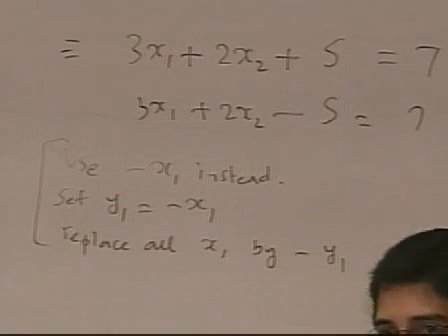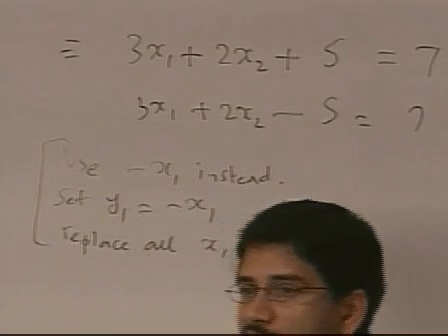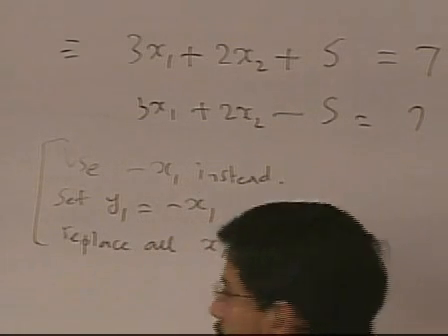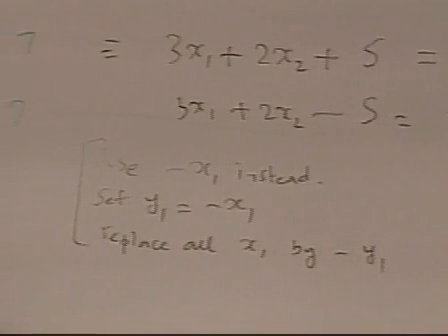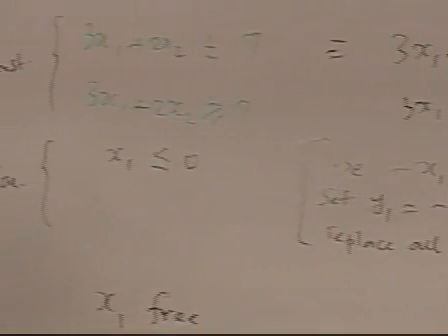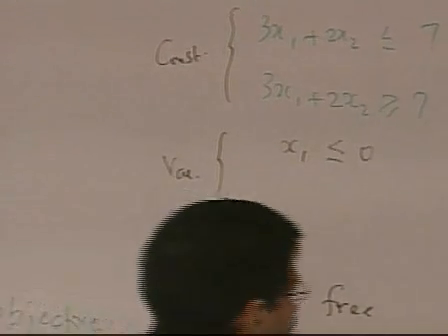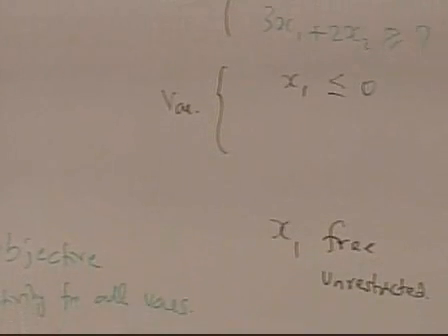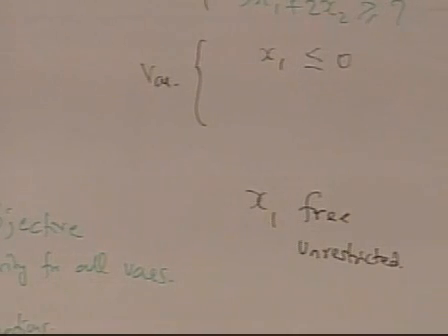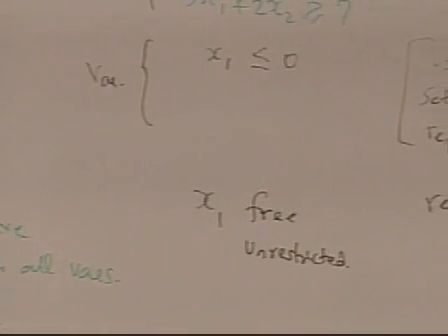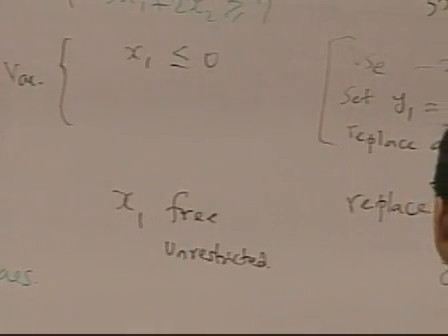Finally, the only difficult case, if you can call it that, is when there is no restriction on the variable. So when x1 is what's called a free variable or unrestricted, in this case you replace x1 by y1 minus z1.